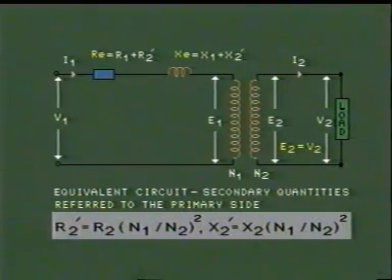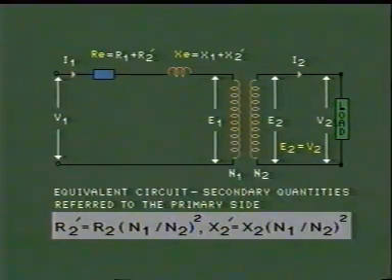Here you see the secondary quantities, that is R2 and X2, have been transferred to the primary side and added with the primary side resistance and reactance to give Re, which is equal to R1 plus R2 single dash, and Xe is equal to X1 plus X2 single dash.